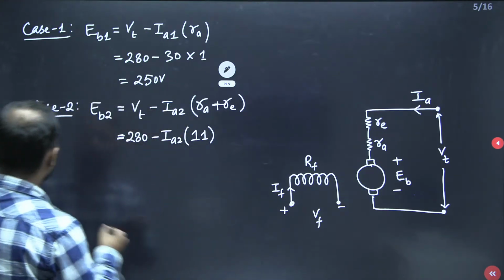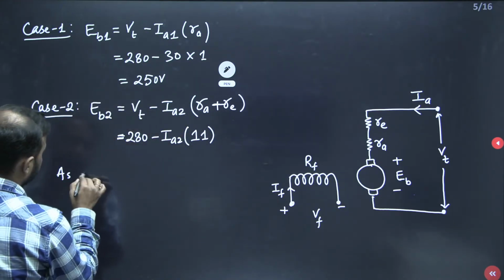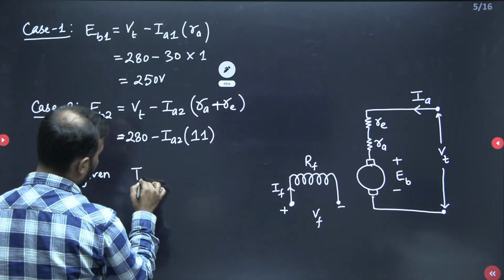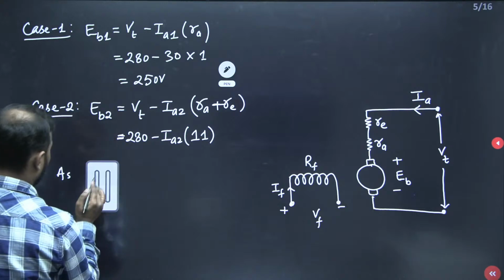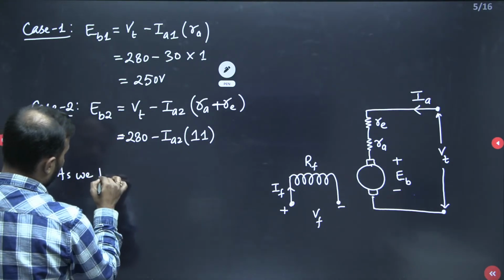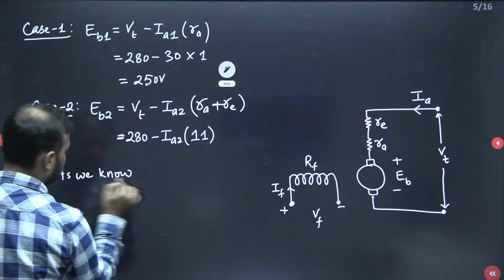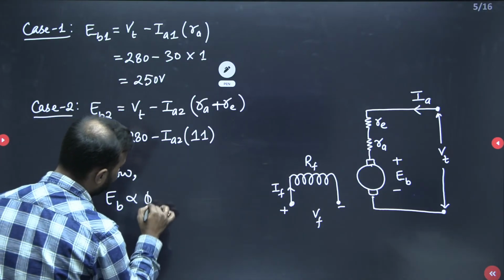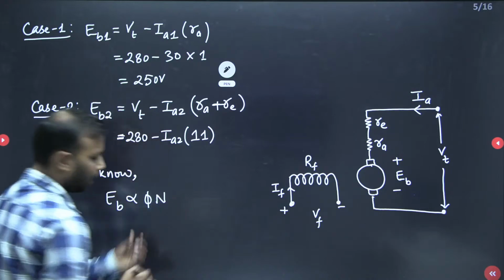Now, as we know, back EMF is proportional to phi into N, that is the rotor speed.